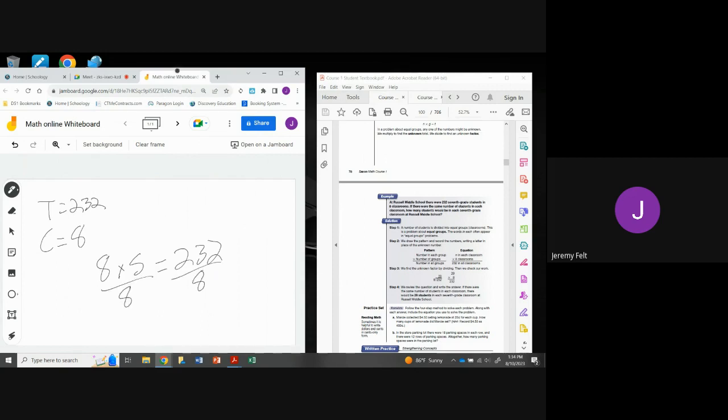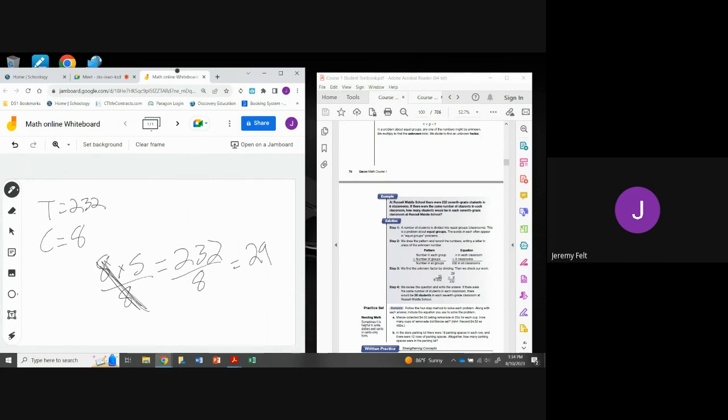So since we're multiplying, we need to divide. We divide both sides by 8 in order to get the number of students. So we're left with 8 over 8, which cancels out to be 1, and then 232 divided by 8, which comes out to be 29. And so we have 29 students in each classroom. Again, it has to be a whole number.